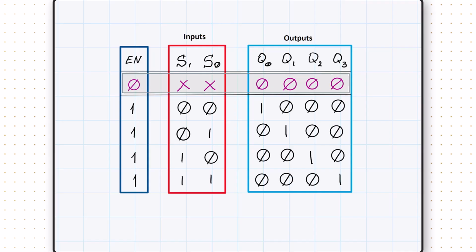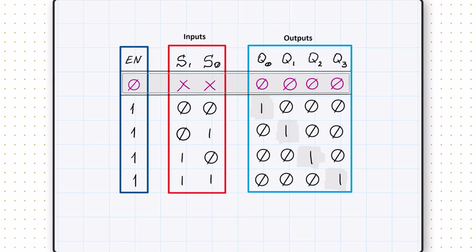And because we're talking about a decoder, we have to make sure that we have the identity matrix completed here. So our main diagonal is going to be completed with the values of 1, and all the other values in the output part of the truth table are going to be 0.